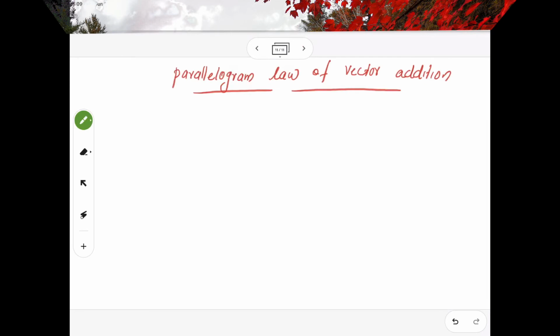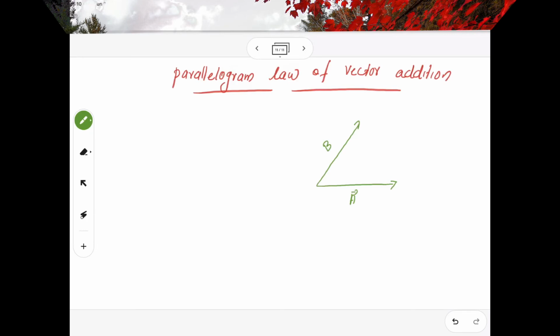Now we will study the parallelogram law of vector addition. Here also we will consider two vectors as the two adjacent sides of a parallelogram. Here I have another vector, this is vector B. These two vectors are considered as the two adjacent sides of a parallelogram.